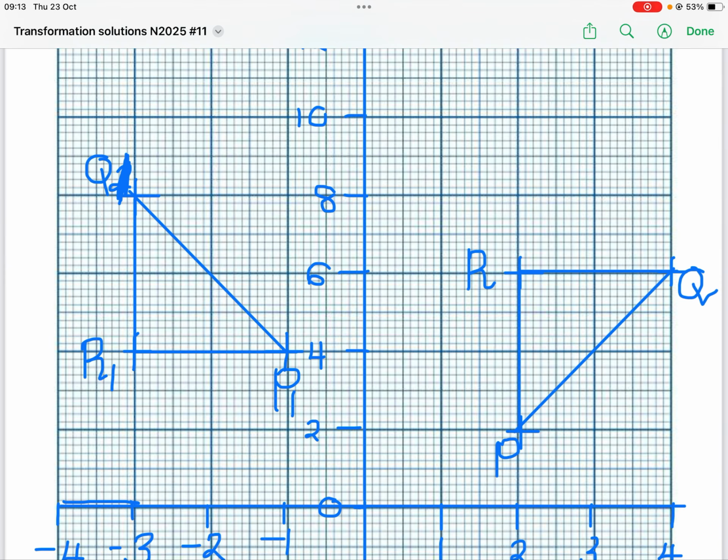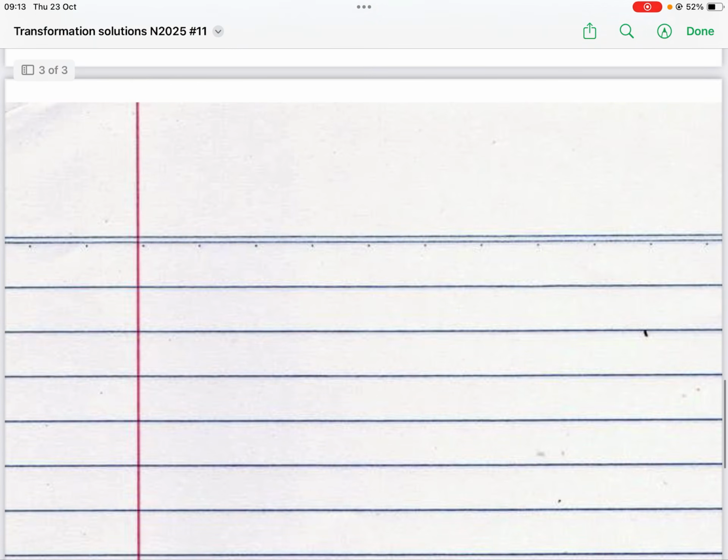This one cannot be reflection because the object and image are not facing exactly opposite directions, and it is not translation because they are not facing the same direction. So this one is rotation. We need to write that rotation.